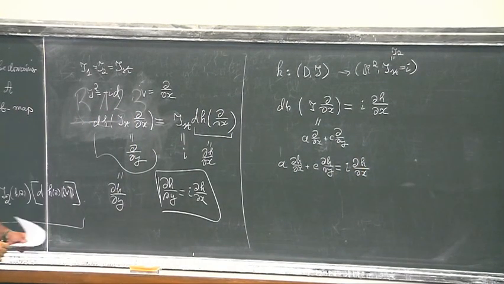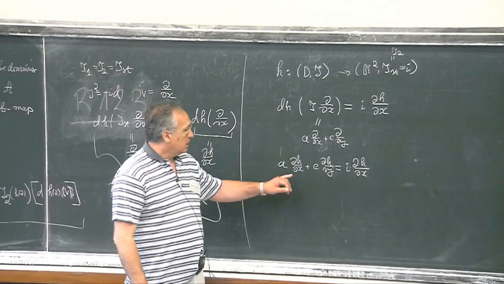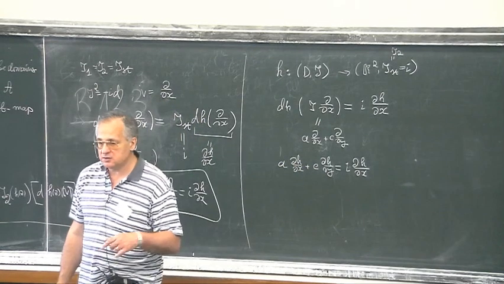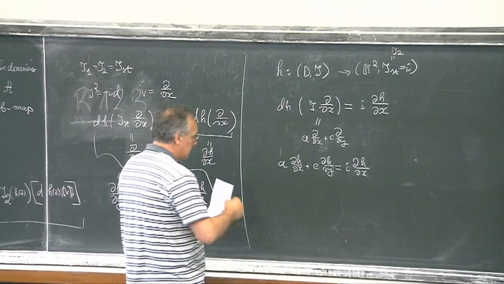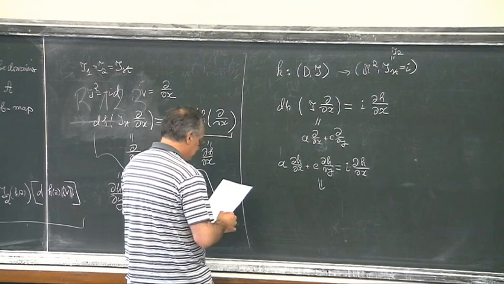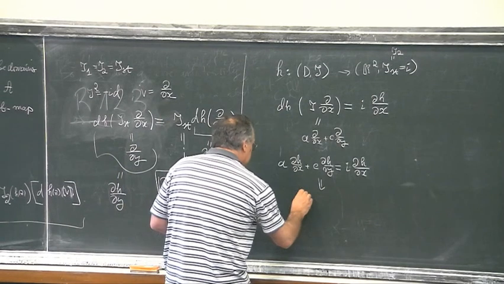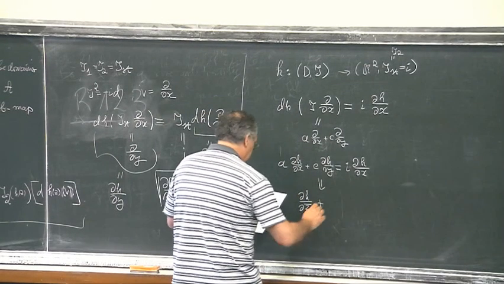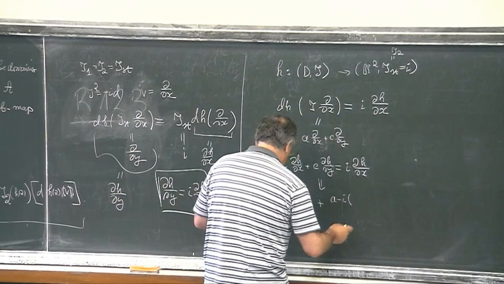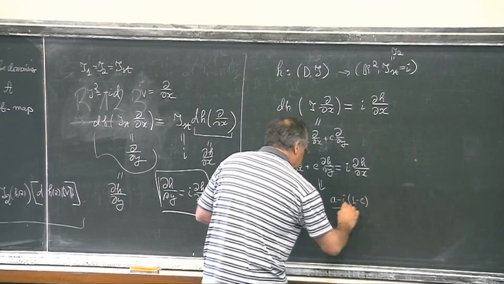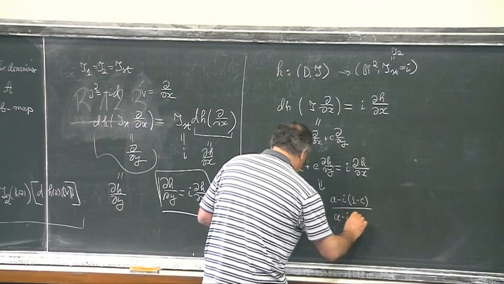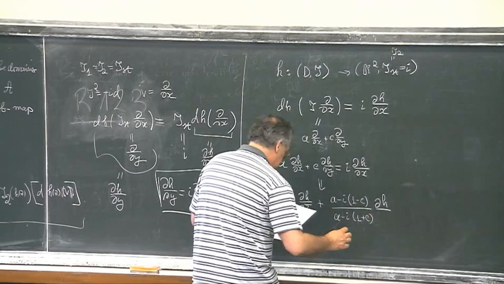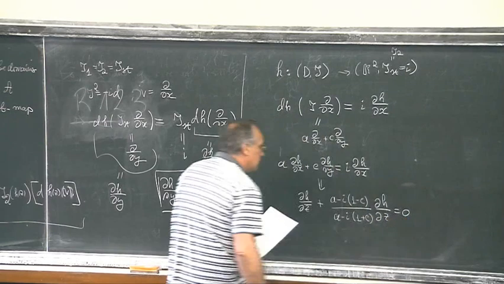Now, you can replace d over dx and d over dy by d over dz and d over dz bar, and you will get the following relation: dh over dz bar plus (a minus I)(1 minus c) over (a minus I)(1 plus c) dh over dz equal to 0.